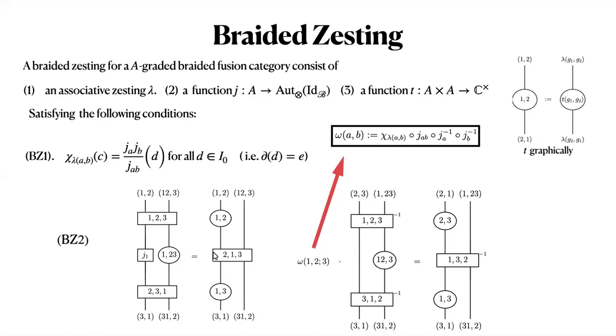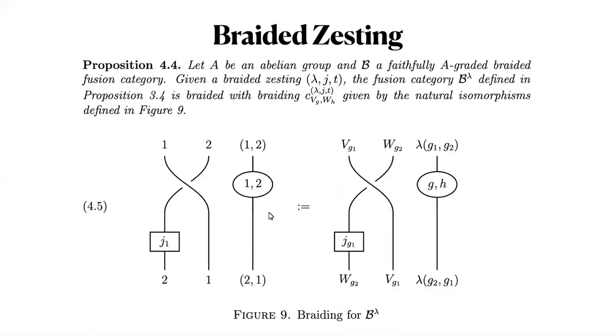These formulas could seem a little complicated at the beginning, but it's just a translation of the hexagon equation in the following sense. Suppose that you have an abelian group and you have a braided category that is A-graded. Then if you have one of these braided zestings and you apply the associative zesting to your category, defined previously, then you can define a new braid, and the new braid is given in this way.